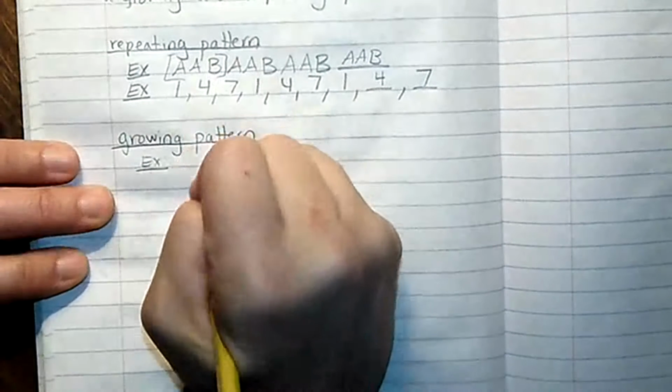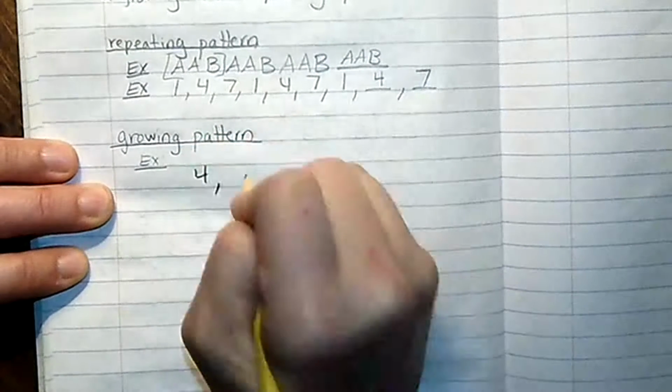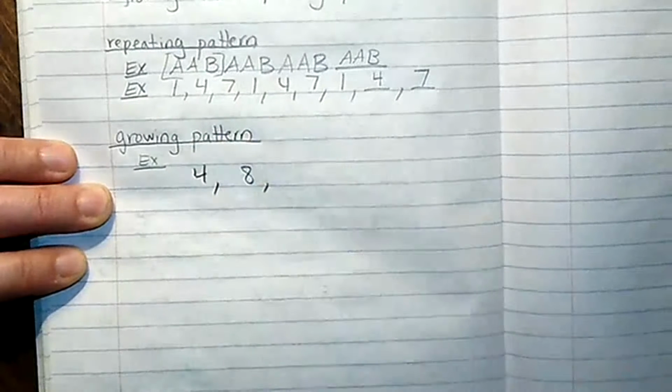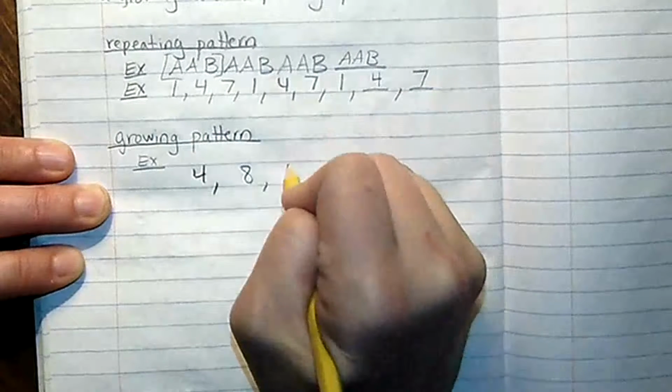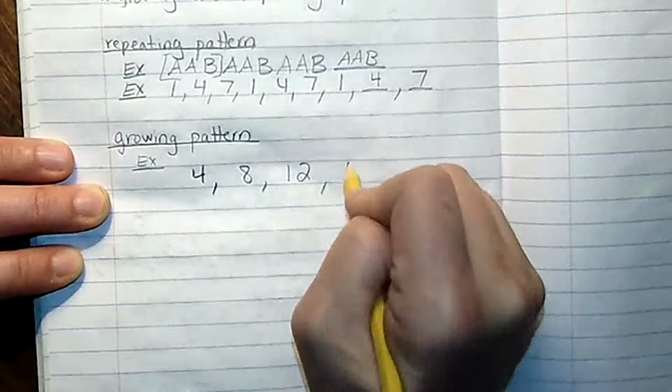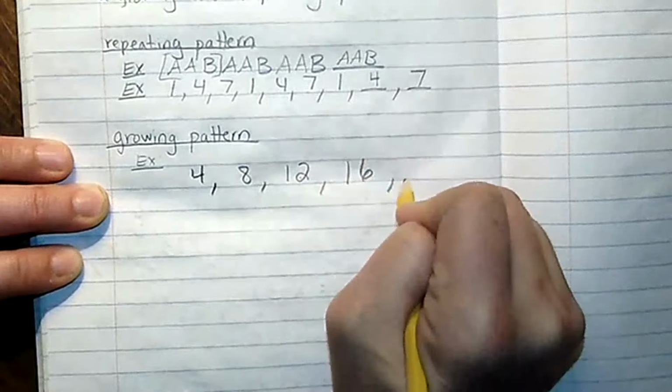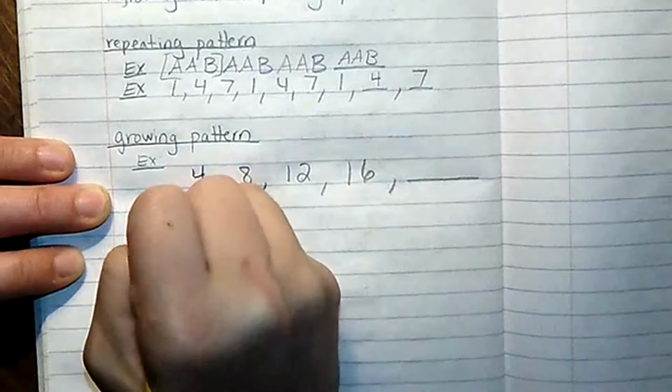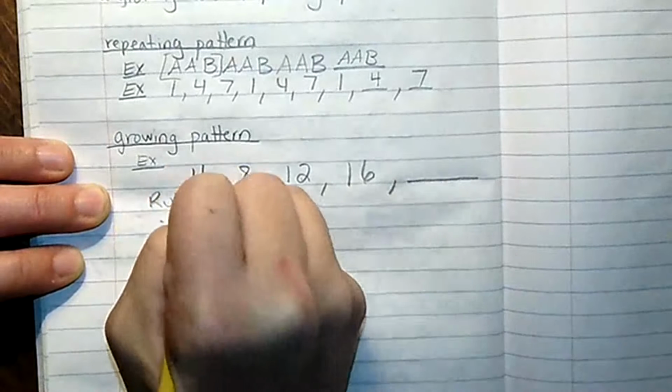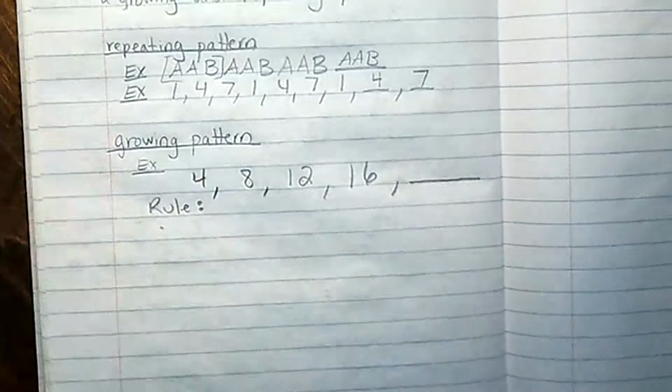We could have 4, 8, 12, 16, blank. And of course, we would have to find the rule and figure out what goes in our blank.